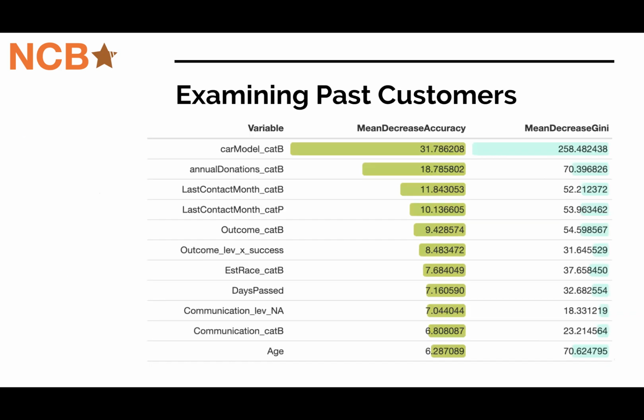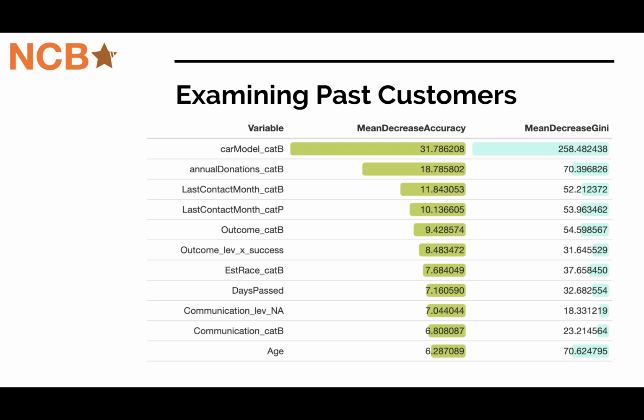We started our analysis focusing on the existing customer base to determine whether or not we could definitively describe a typical set of traits for a customer who'd be more likely to accept an offer, such as the new product that we're taking to market. This table was created by a random forest analysis of the customer base to determine the importance of various aspects of the customer in relation to whether or not they would accept.